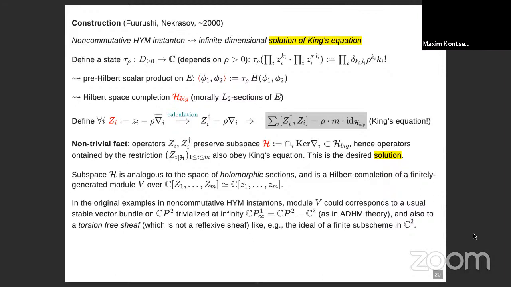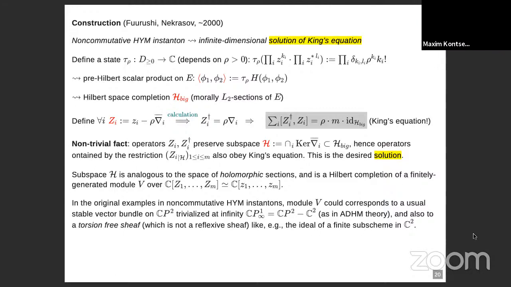And this construction goes the following way. On this algebra of functions on the quantum space, one can take a state mapping to real numbers, which is positive on Hermitian squares. The state depends on a certain scale, R, and is written in explicit form, which was here.